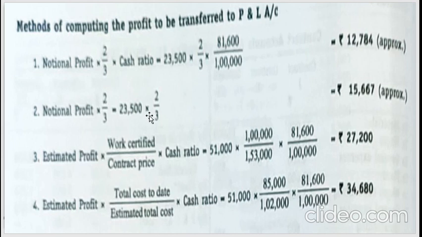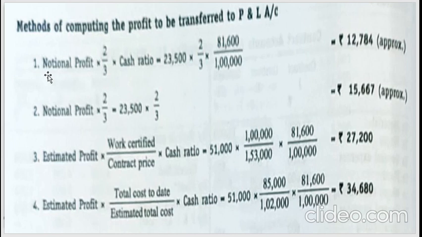Please know these formulas by heart, so it will be simple for you. If you get these problems, you may get them for 6 marks, or you can also get at least 2 methods of computing profit to be transferred to profit and loss for 2 marks.